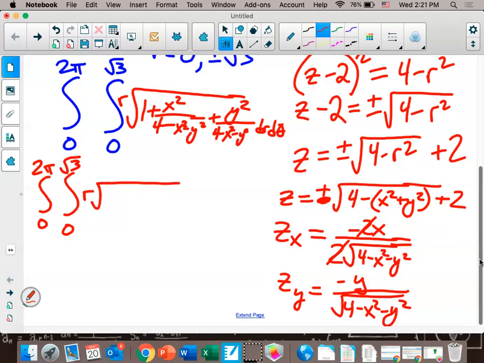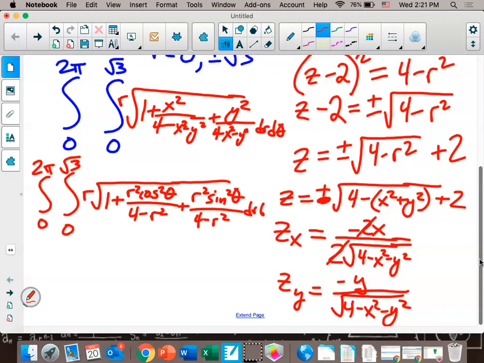So we have 1 plus r squared cosine squared over 4 minus r squared plus r squared sine squared over 4 minus r squared, dr d theta. Am I doing something wrong?